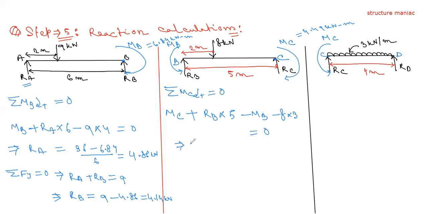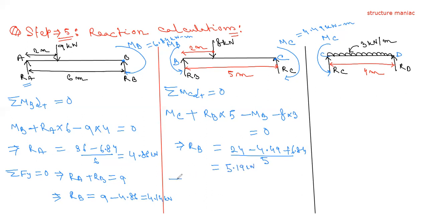So from here you get the value of RB. RB will be equal to (24 minus 4.49, the value of MC, plus 6.84) divided by 5, and that comes as 5.19 kilonewton.